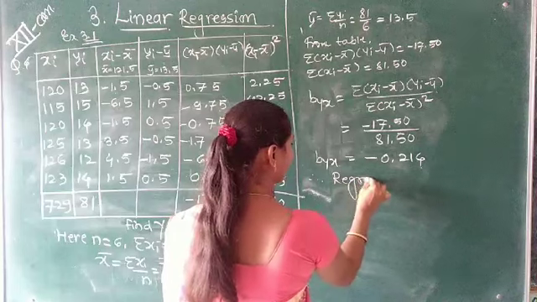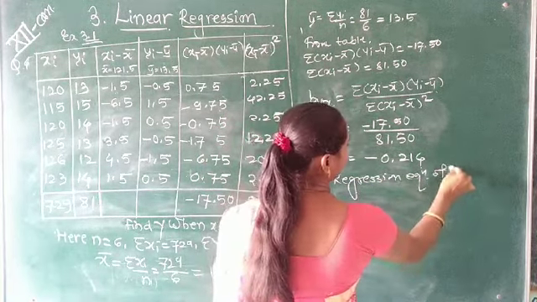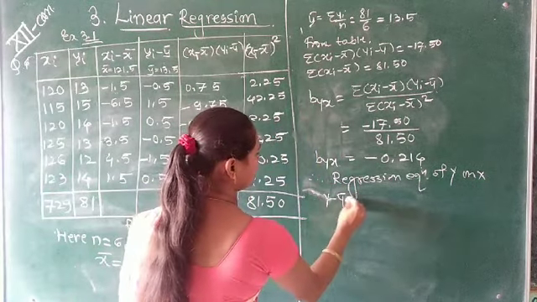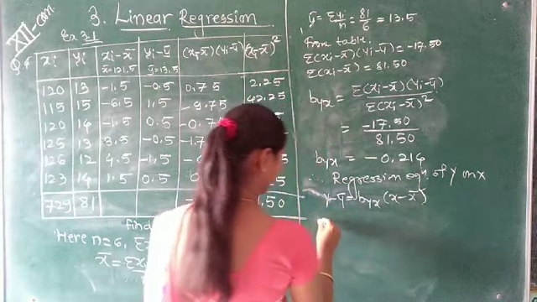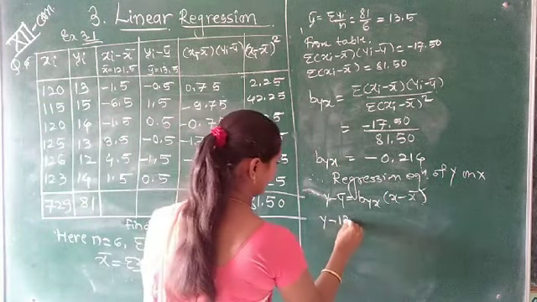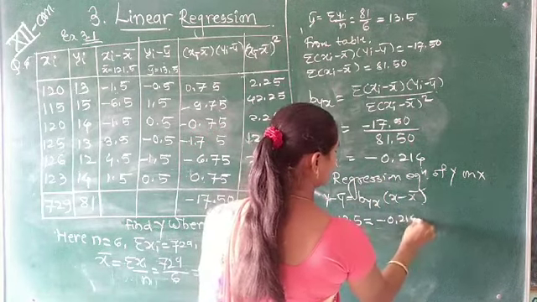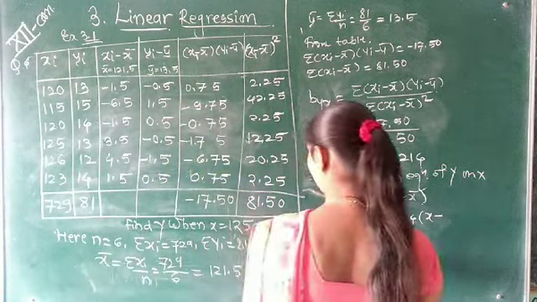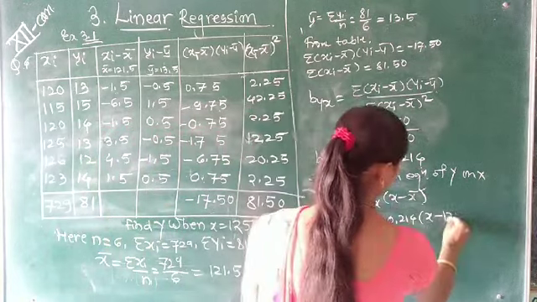Therefore, regression equation of y on x, that is y minus y bar is equal to byx into x minus x bar. Y minus y bar, mean of y, that is 13.5, byx is minus 0.214, into x minus mean of x, x bar, that is 121.5.